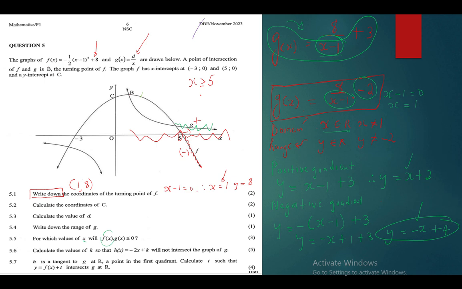How do I know? Remember, I said when the function is underneath the x-axis it is negative. So when I multiply negative with positive, I get a negative answer. So the correct answer here is x is greater than or equal to 5.